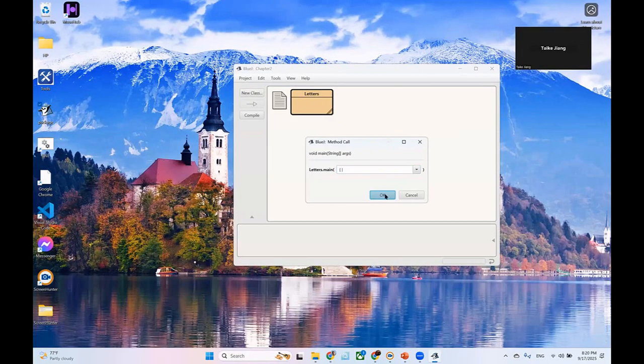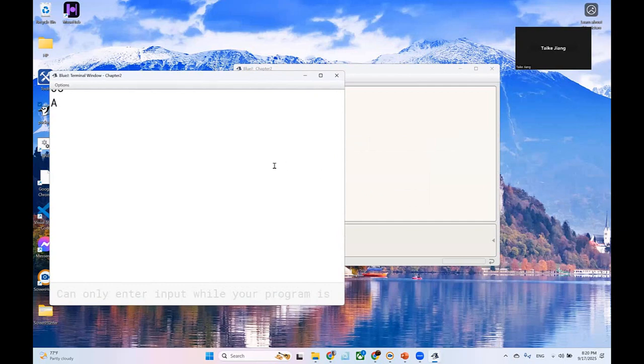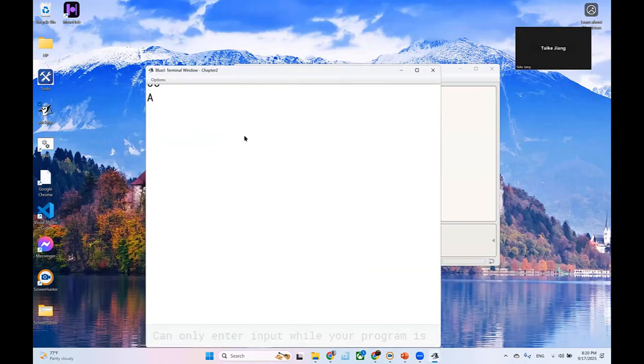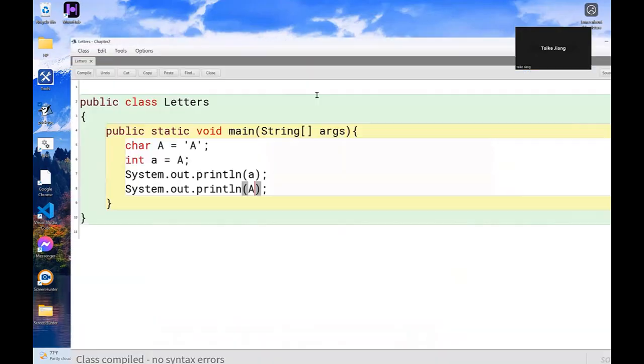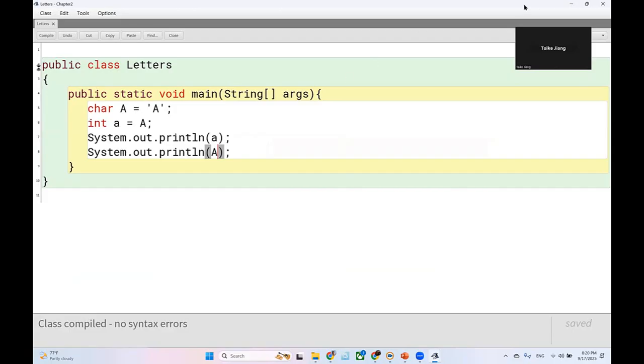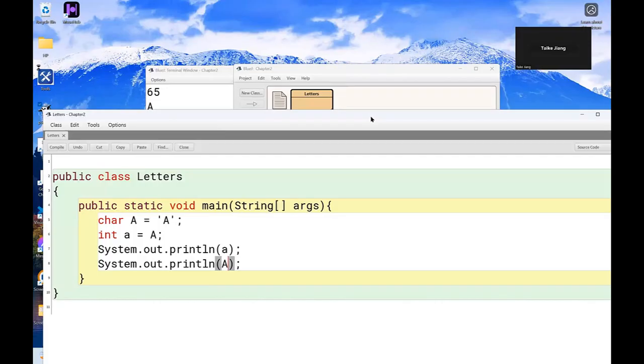The char type is UTF-16. So when you print the A as an integer, that will give you 65.